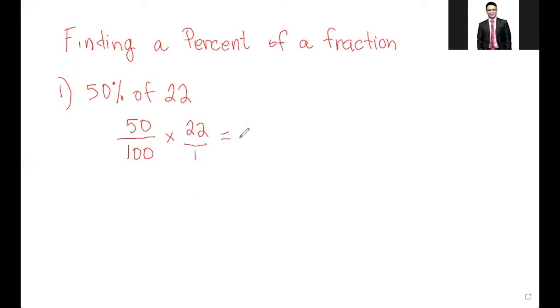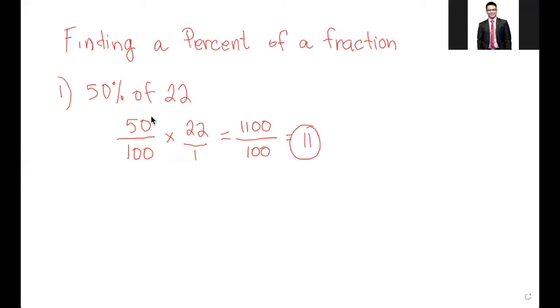By multiplying the numerators, we have 50 times 22, which is 1,100, over 100 times 1, which gives us 100. And by simplifying 1,100 over 100, we'll get 11 for our final answer.